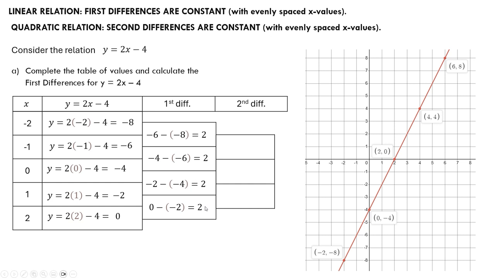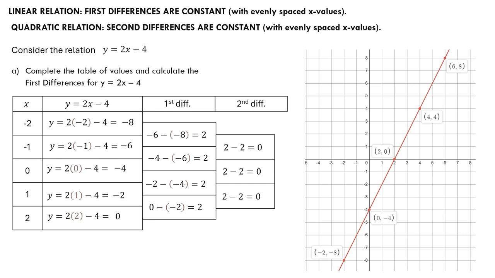When the first differences are constant, we have a linear relation or a straight line. We can look at the second differences where we take 2, subtract 2, gives us 0. And in each one of the remaining cases, we're subtracting 2 from 2 and getting an answer of 0.